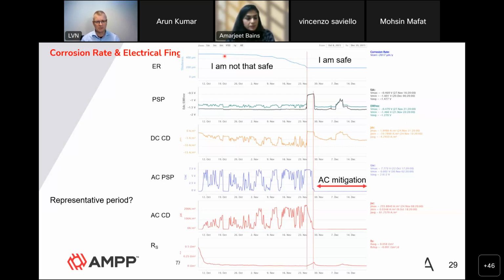And also an ER probe can be used as a coupon, exactly as a normal coupon. You can disconnect it and make IR free and off potentials. You can make DC currents and AC currents on that ER probe, so that in addition to what you can measure on a coupon, an ER probe also measures corrosion rate.